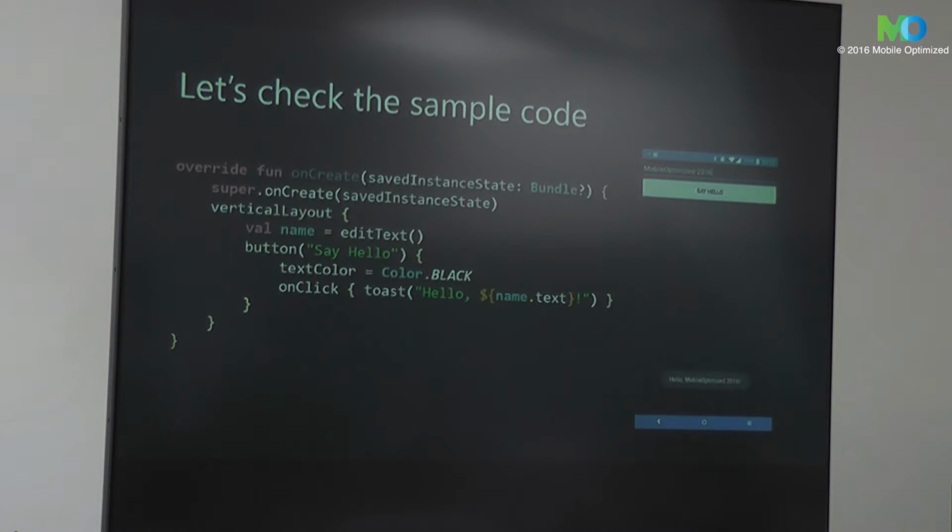Actually, here we create a vertical layout, which is basically a linear layout with vertical orientation, and then we add an edit text and a button, and we register an on-click listener, and when we click, it raises a toast. Yeah, it looks as if it was JSON.